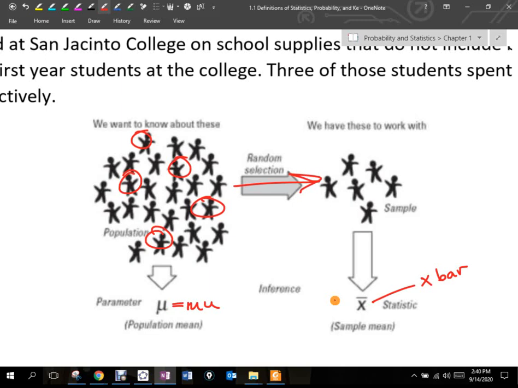It's very difficult to do something for the large group. So we break it down into smaller groups, learn what we can say about the smaller group, and then make the inference that that smaller group's information corresponds or parallels to that of the population. Does that make sense?